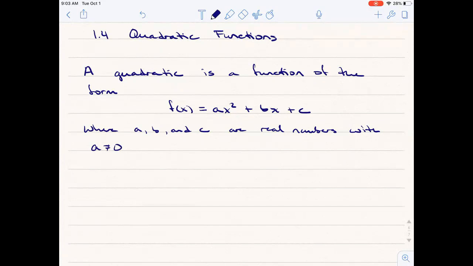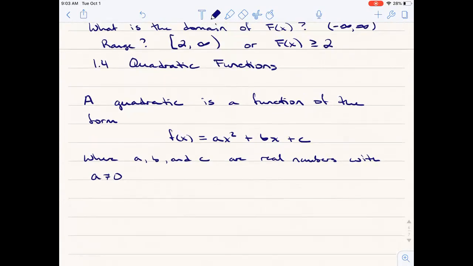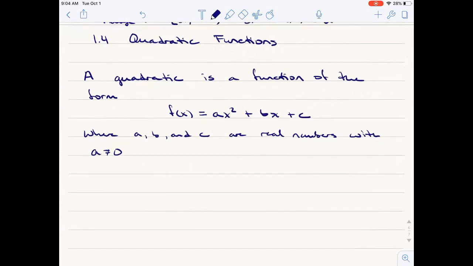How come a can't be 0? Well, if a is 0, this goes away, and then you just have a straight line. And if a and b are 0, then you have a constant function, right? And so we're just kind of building up from the most basic functions.